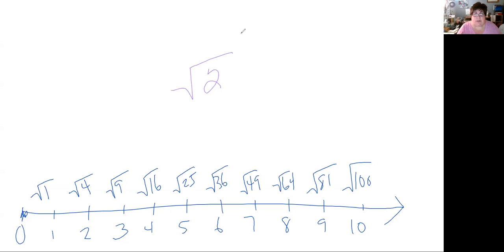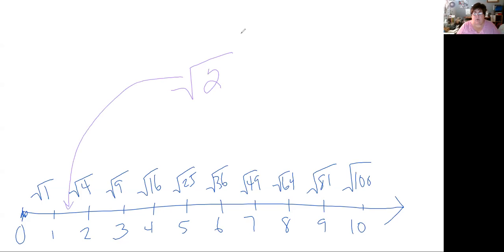And the way we do that is we know that radical 1 is 1, and radical 4 is 2. And so we will know that 1 point something something is going to be radical 2. So we're going to place that right here.